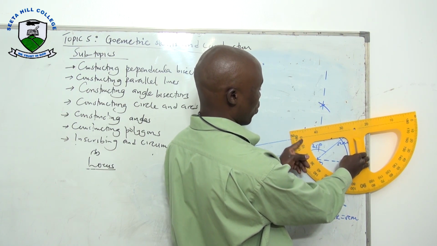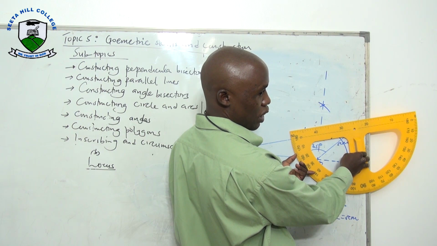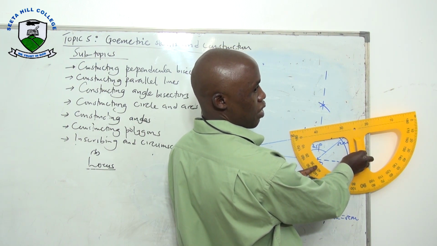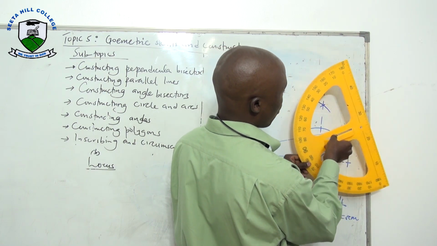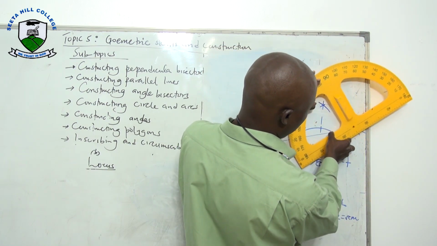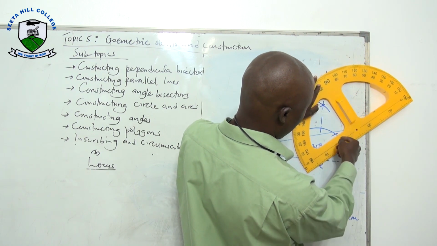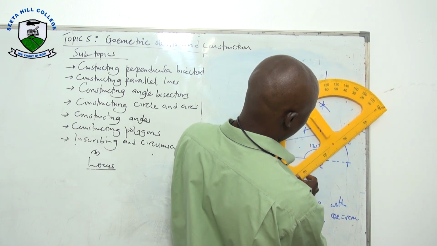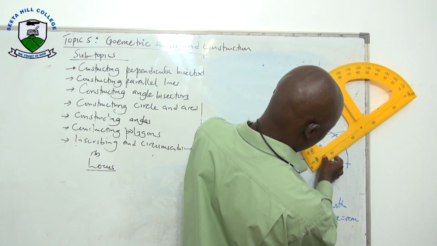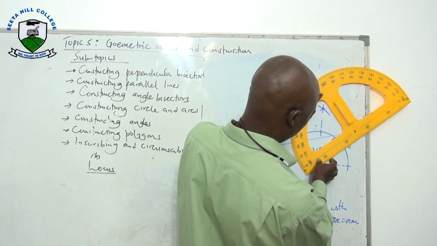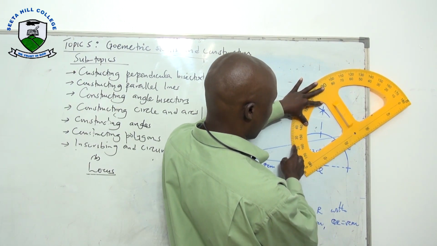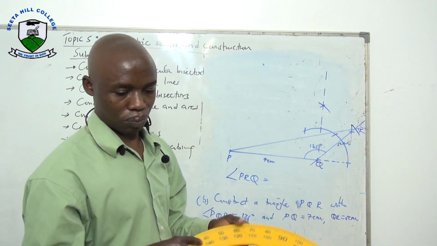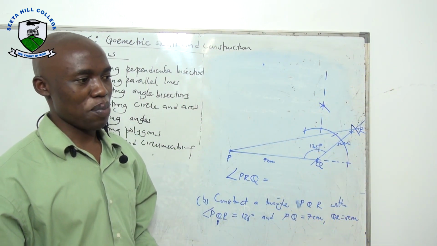Mine is 26. If you wanted it the other way, you could make it lie on this line, and this one becomes 0, and you read the outer scale. Hope that's clear.